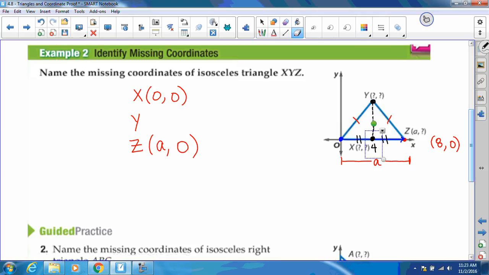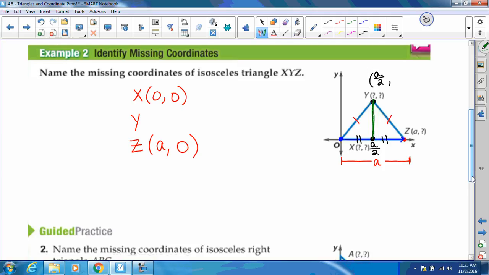So let me get rid of this 4. If the length of my base is a, then half of that would be a over 2, or you could also write that as 1/2 a. So my x coordinate would be a over 2. And then your y coordinate is just whatever the height of your triangle is.